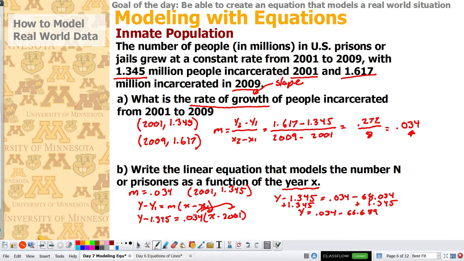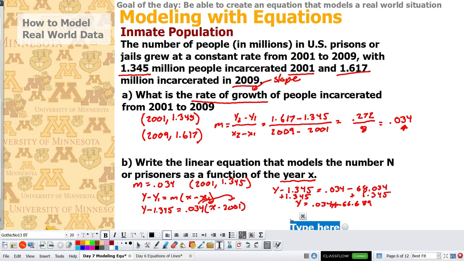And with that, I'm actually going to type that there so I can copy it to the next page, because now we're going to use this formula that we just created. And I'm going to use the n. They wanted me to use n.